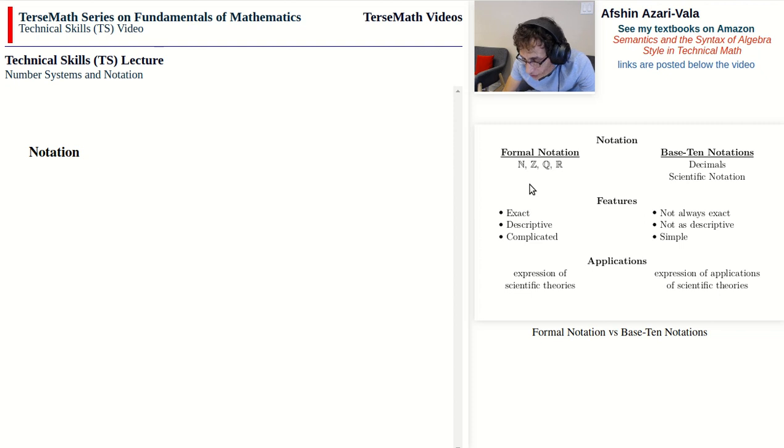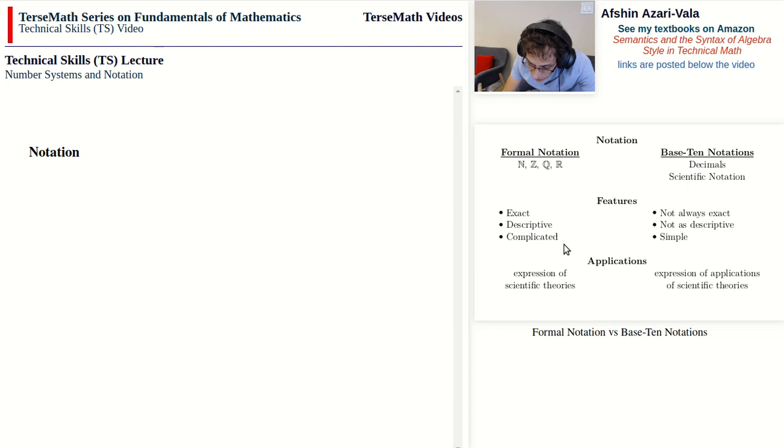What's so special about the formal notation, and one reason we cannot really get rid of them and only use decimals and scientific notation, is that they are exact and they are descriptive, and I will be talking about what that means. But if you take a look over here, you notice that with base 10 notations we don't have that. They're not always exact, or even if you could in some way argue that they are exact, they are almost impossible to work with unless you round them, and they're not as descriptive.